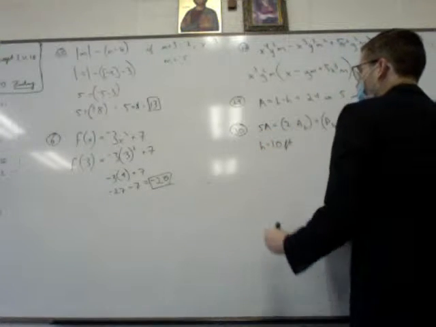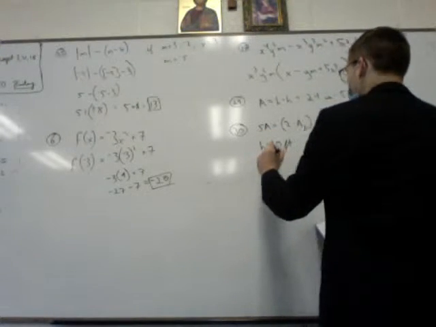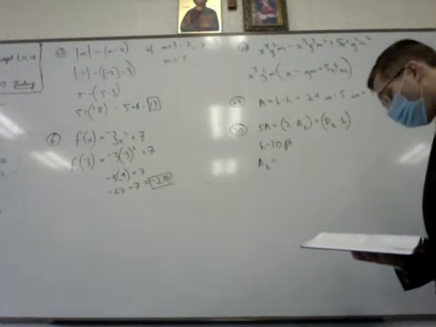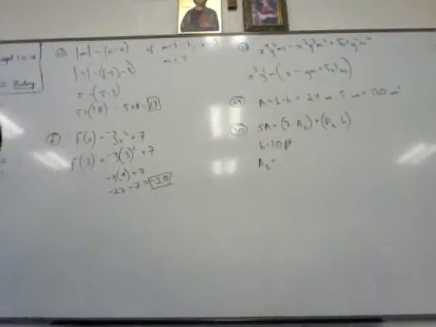Now, what about the area of the base? How are we going to find it? What kind of a thing is the base? It's part of a square and part of a semicircle. So we've got a rectangle and a semicircle. How do we find the area of a rectangle? Length times width.